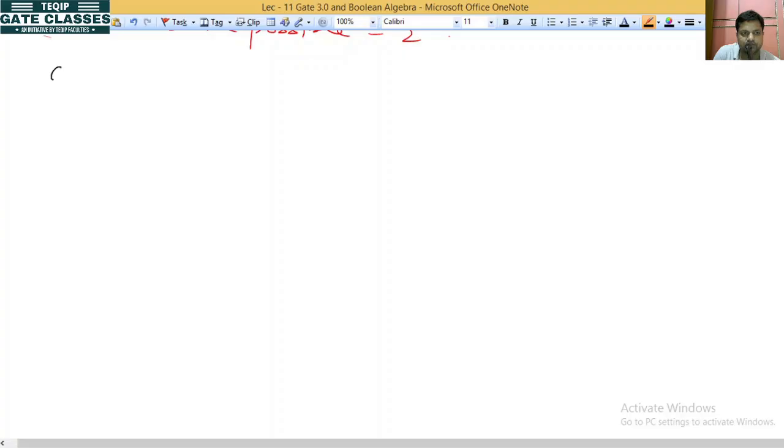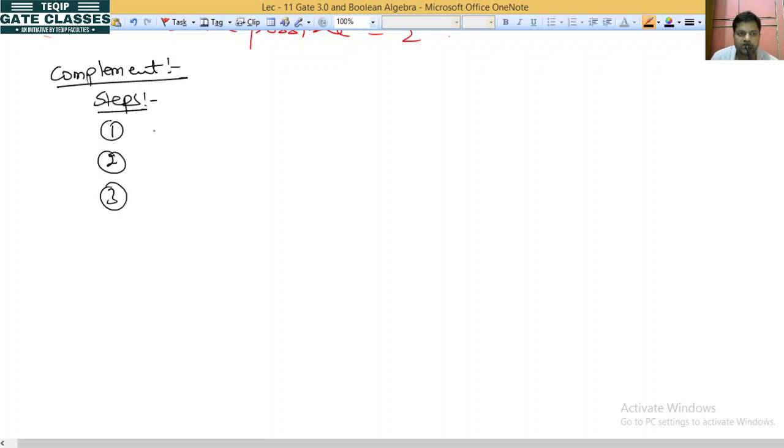Our next concept is complement. If we have an expression and you want to calculate the complement of that expression, it can be done in 3 steps. First step is you have to interchange normal variable with complemented variable and complemented variable with normal, okay?